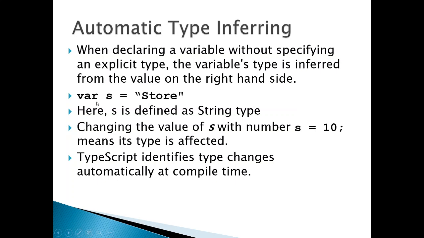Like if you assign s a string, now it has inferred its type as a string. So next time if you assign s is equal to 10, it will return you an error because it has been given the type string. Vice versa, if we assign a number first and then a string, it will provide you an error.